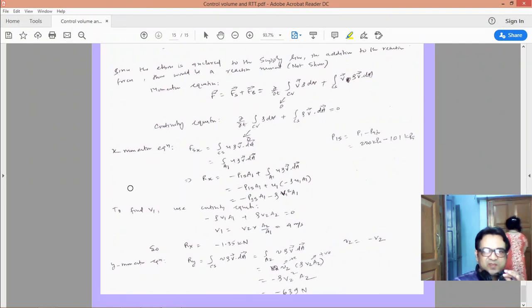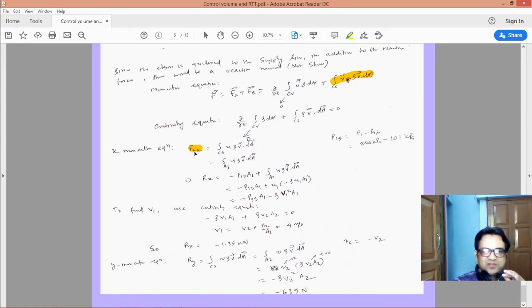So from the momentum equation we will get two momentum equations. It's a 2D flow, so x momentum equation and y momentum equation. So summation of all forces along x will be only this, because it's a steady flow, the first term is 0.